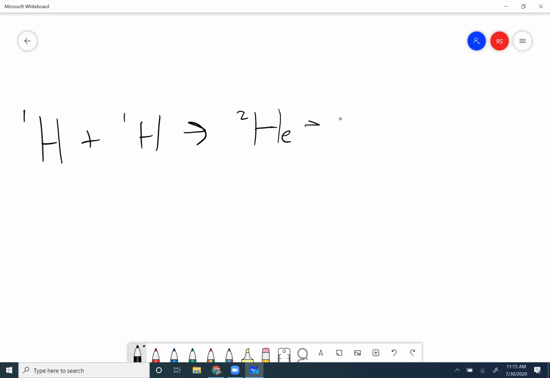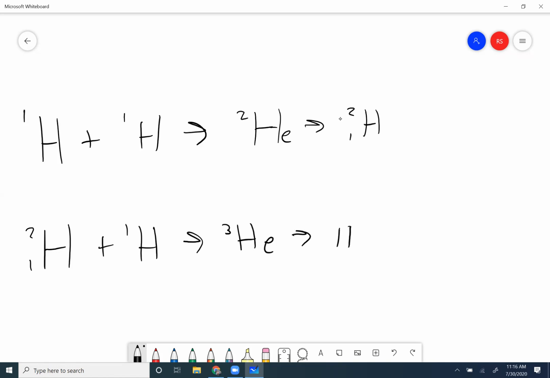And so helium-2 will then turn into hydrogen-2. That hydrogen-2 can hang out with another hydrogen. And for a very split moment, you'll get helium-3. And then that helium-3 can turn into hydrogen-3, or it can stay helium-3, depending on the situation.